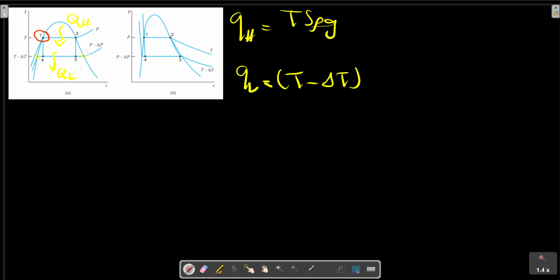This process is a real process, but for the Carnot cycle, sfg is for reversible heat transfer.